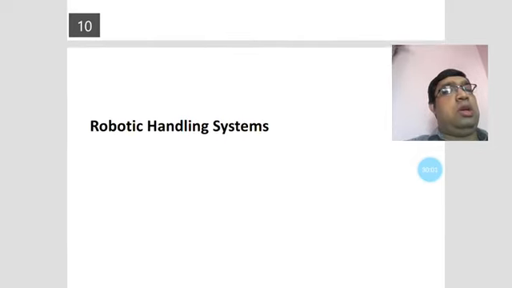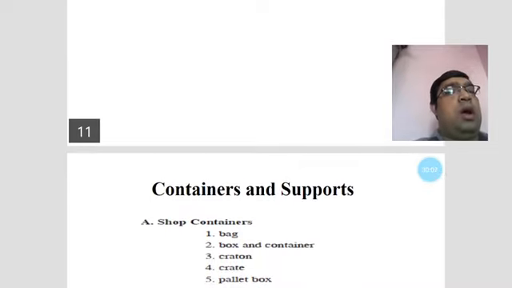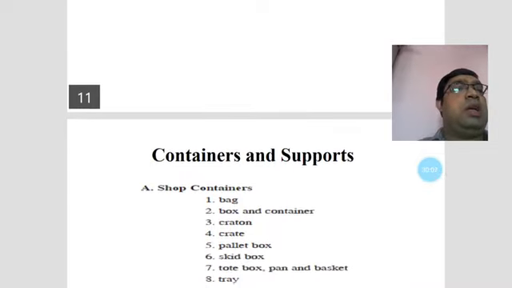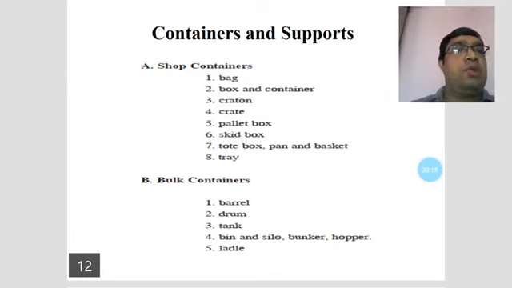And the robotic handling systems also are included in the materials handling equipment. Basically, sometimes in those places human beings cannot give full effort, and then you have to apply robotic handling systems.